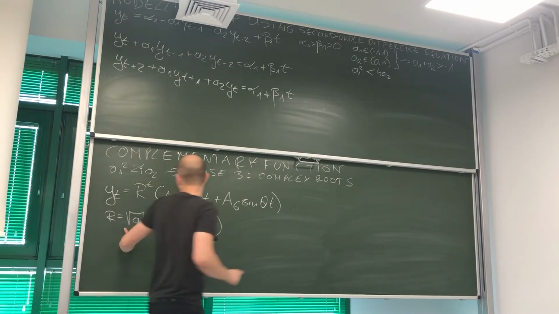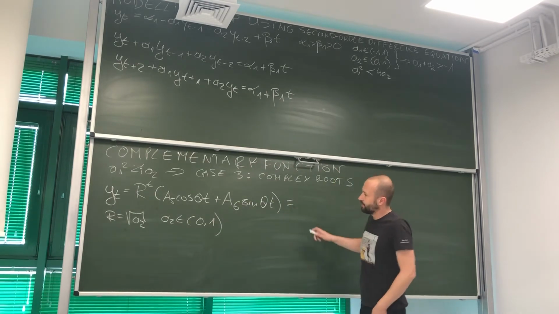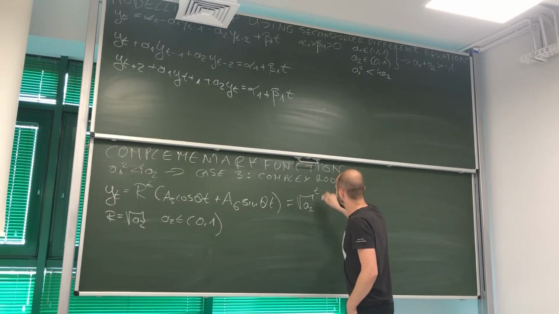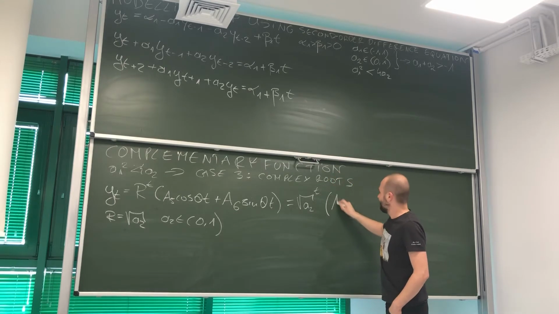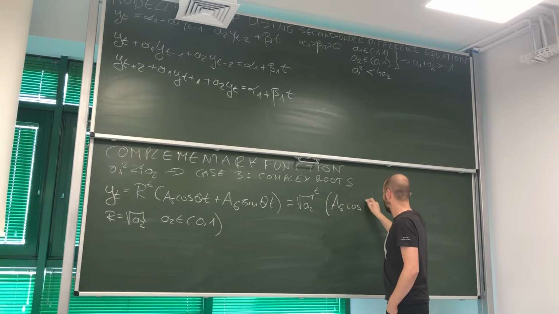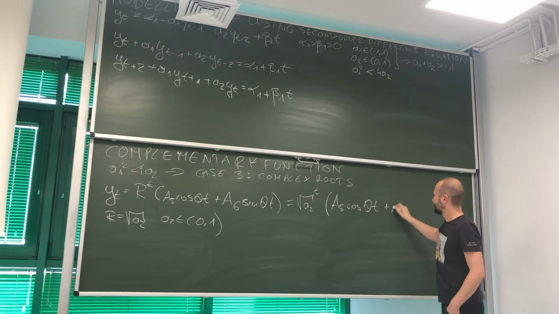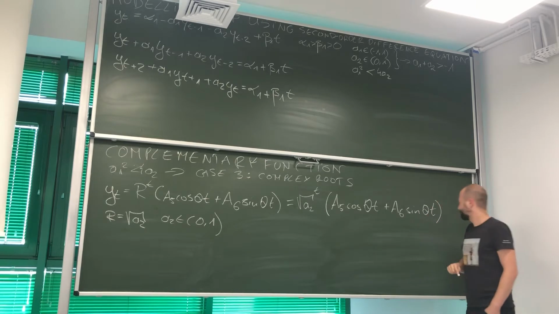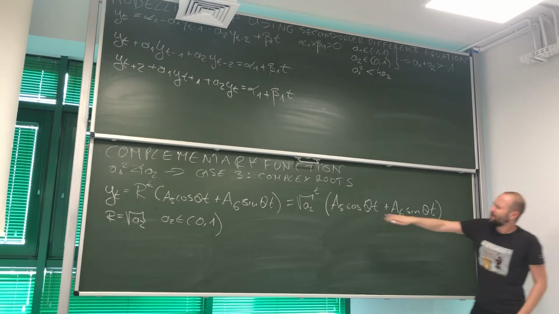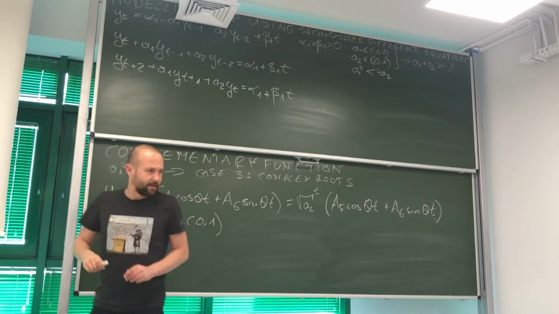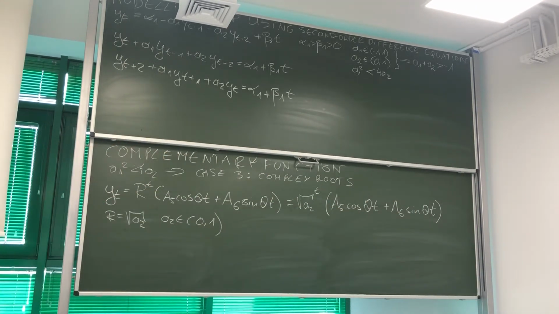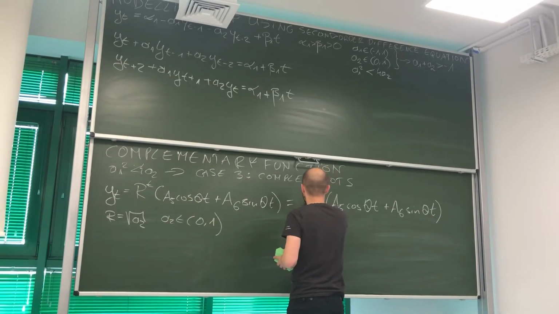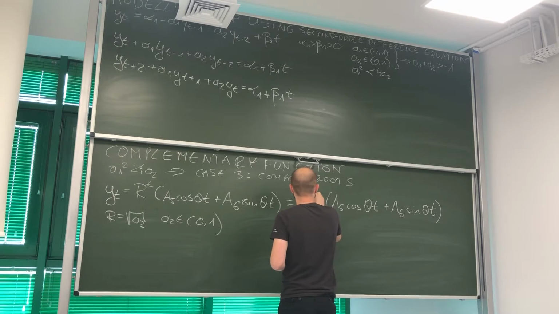So look, if I substitute it over here, I'm going to get a2 to the power of t, times a5 cosine theta t plus a6 sine theta t. And just to make this look nicer, let's write it in a slightly different way, as a2 to the power t over 2.